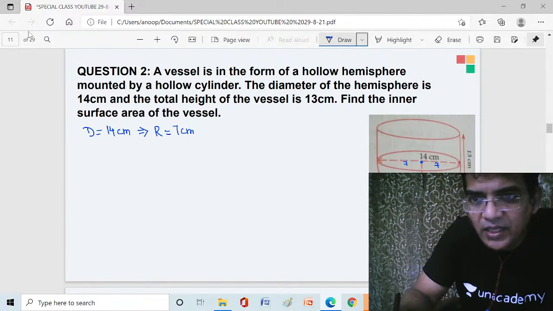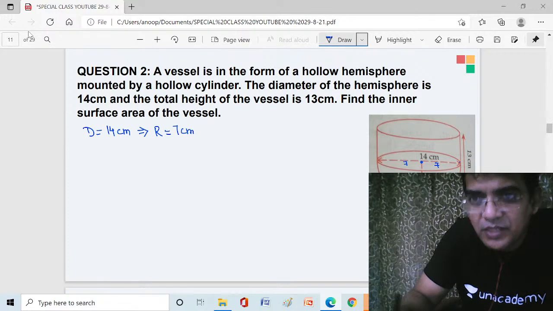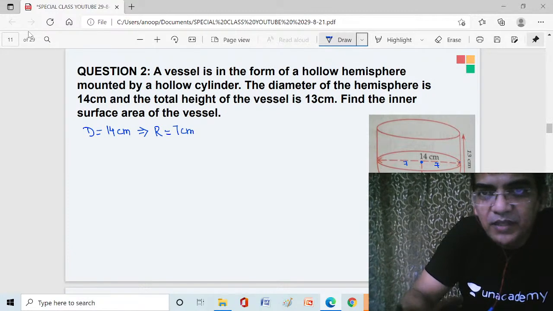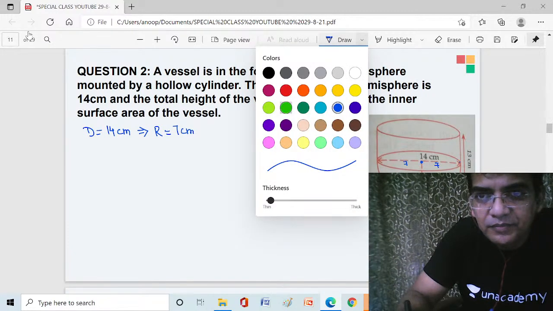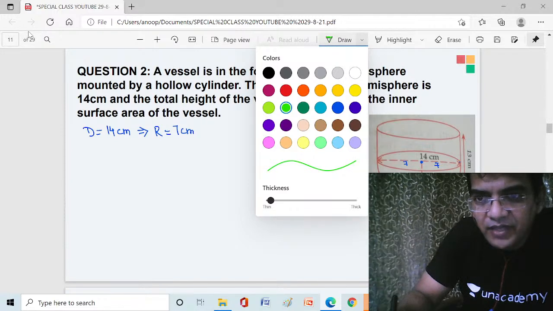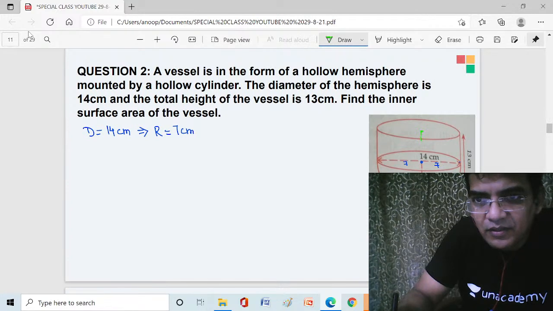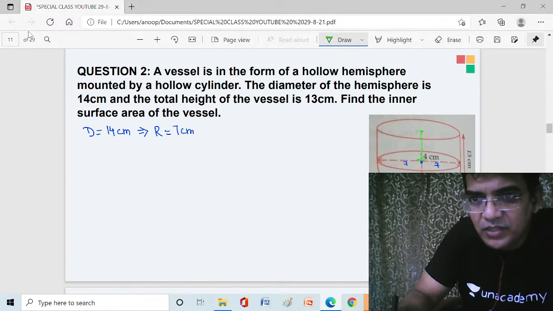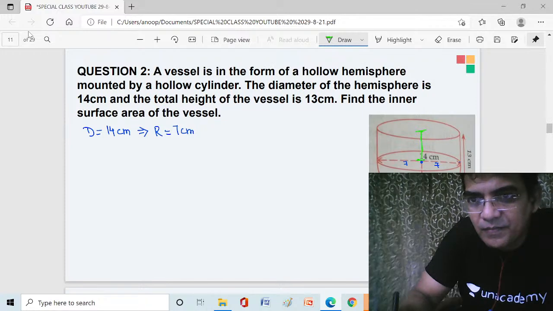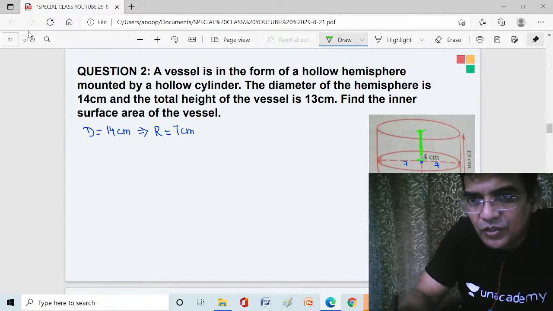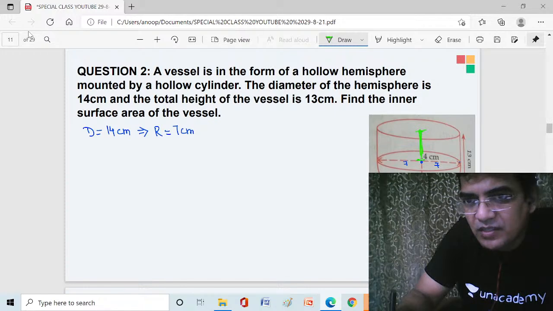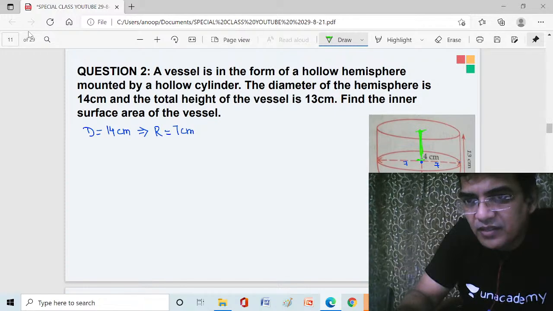Now, if I ask you, what about this portion? I'm just marking it with some other color. If I ask you from here to here, what will you call this portion? You will say that this portion is representing the height of the cylindrical part.